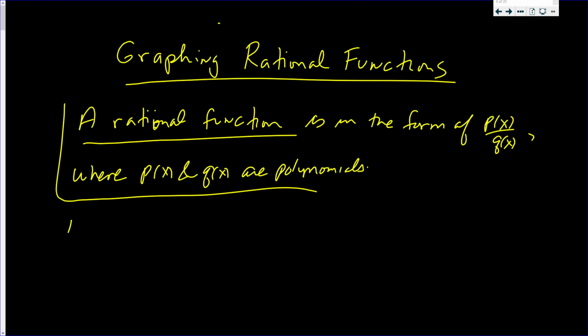Next definition. A vertical asymptote. Where does it happen?